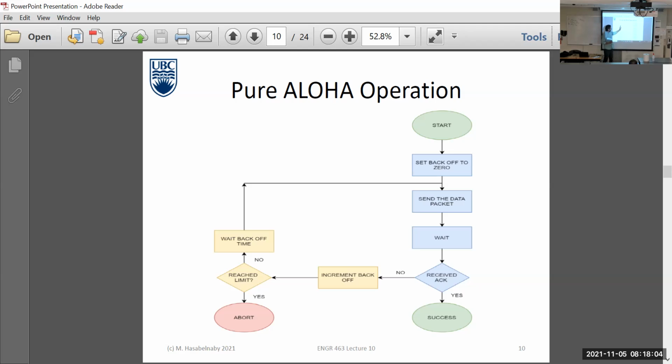After my random backoff time finishes, I will send it and check again if the packet is received. No, I will wait for another random backoff time, and so on until my packet is received successfully or I reach the limit. This is the basic idea of pure ALOHA.